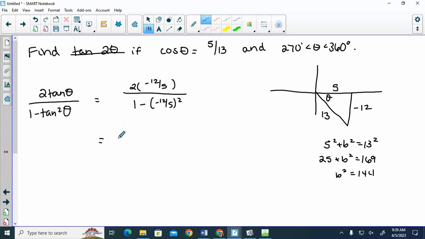So we could work this out. You could also use a calculator at this point if you get stuck. 2 times negative 12 over 5, that's negative 24 over 5. 1 minus negative 12 over 5 squared would be 144 over 25. Why don't you guys go ahead and evaluate this? Tell me what you get.